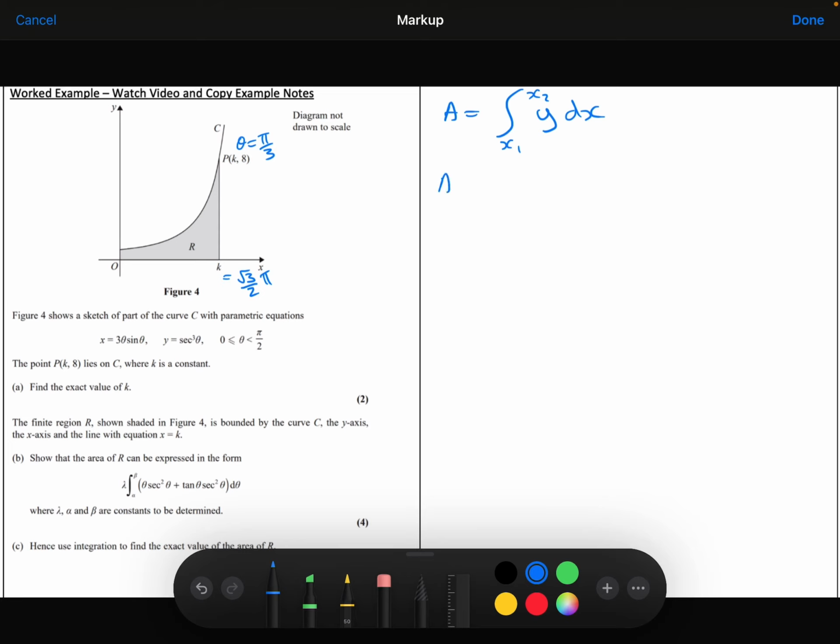So actually, I want to integrate y times dx by d theta with respect to theta, except it should be theta here, not t, in fact. And my limit should be in terms of theta as well.